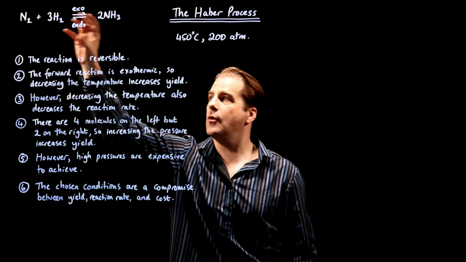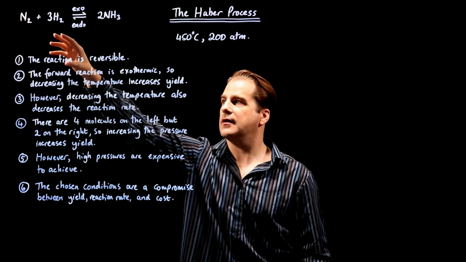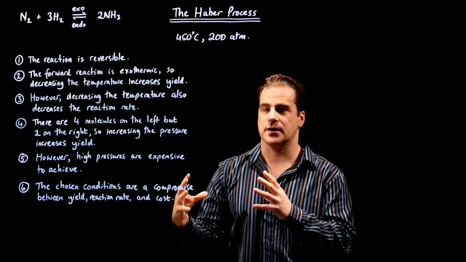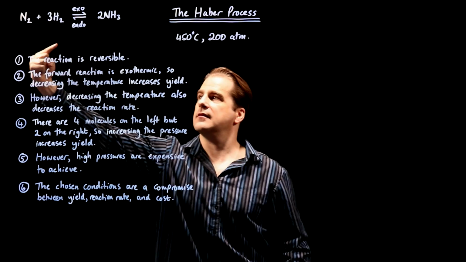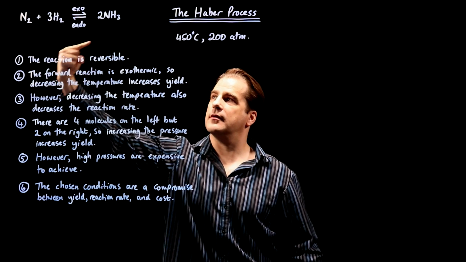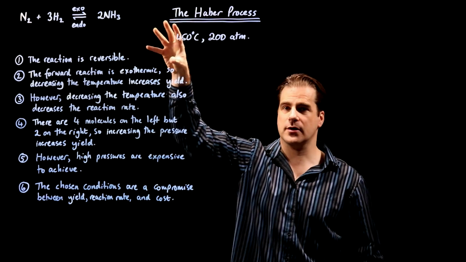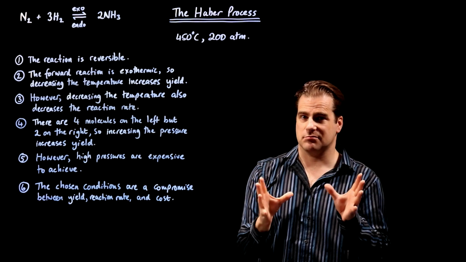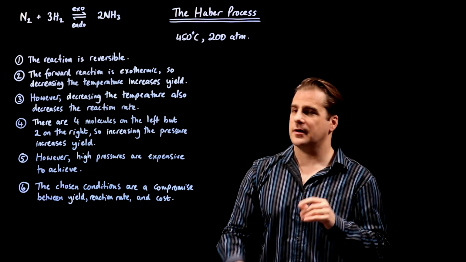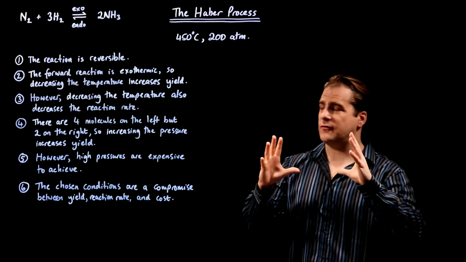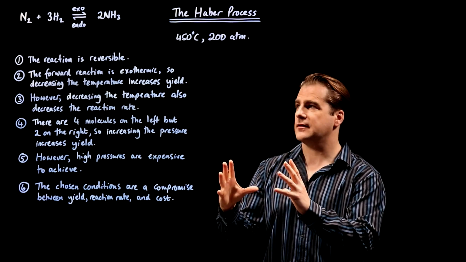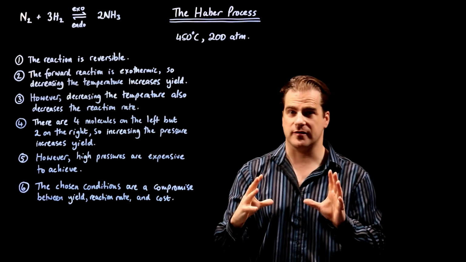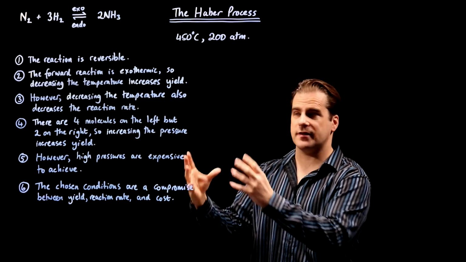So, because there are more molecules on the left, if we're trying to increase the pressure, it will send the equilibrium to the right, where there are fewer molecules. Because think of it as fewer molecules, less pressure. I'll just go through that again. If we try and increase the pressure, the equilibrium will shift to do the opposite. The reaction will try and decrease the pressure.